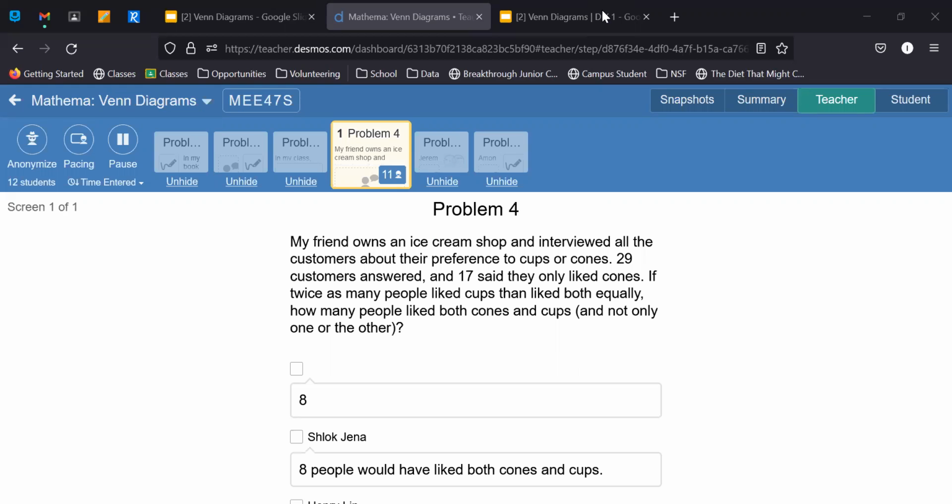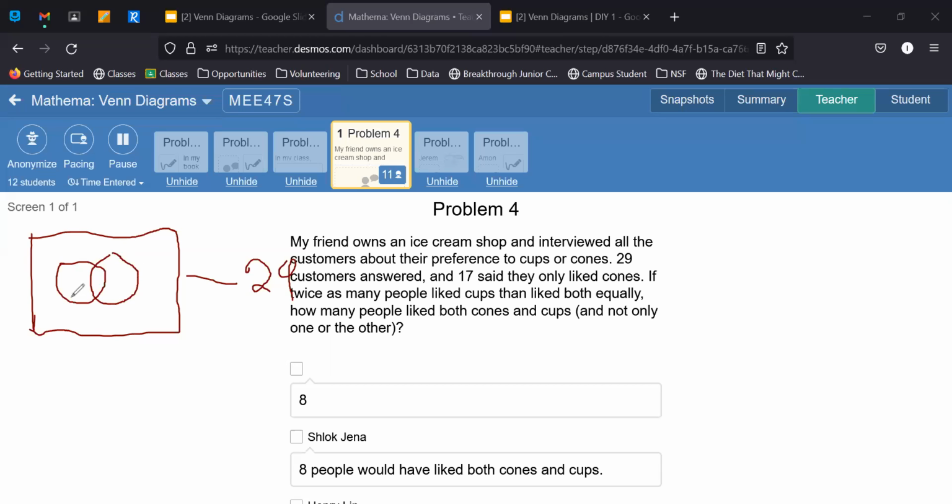Okay. So I'm seeing a lot of you have answered. Okay. So, your friend owns an ice cream shop and interviewed all the customers. So 29 customers answered, right? So we know 29 customers would be included in this space. Right? And 17 said they only liked cones, right? So we can create a Venn diagram here.